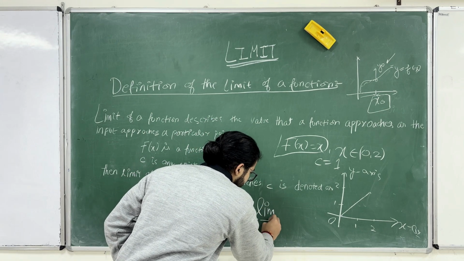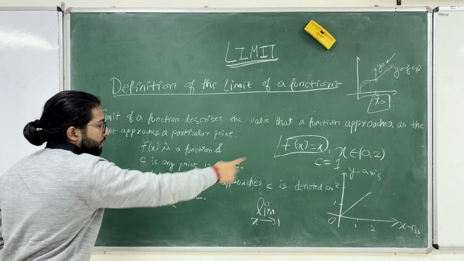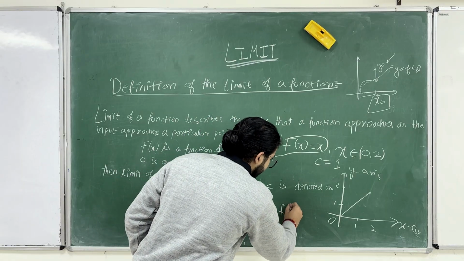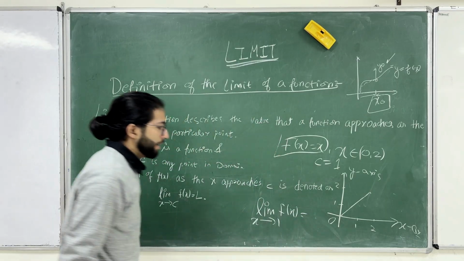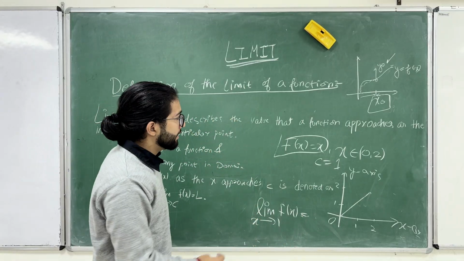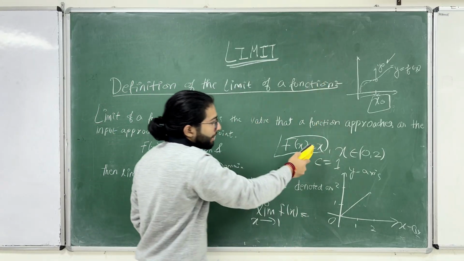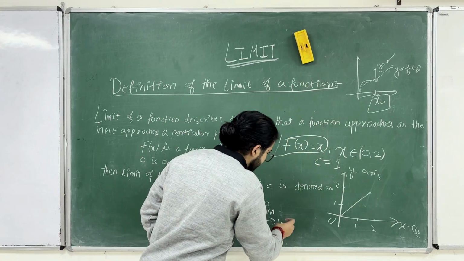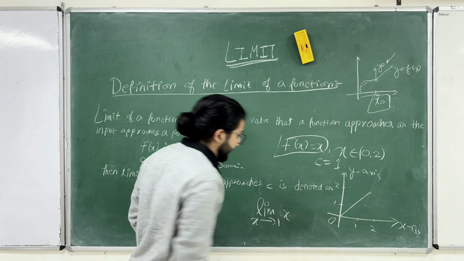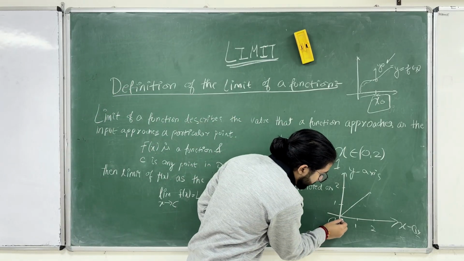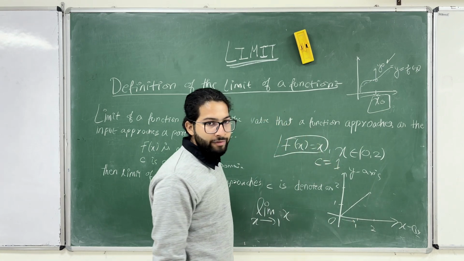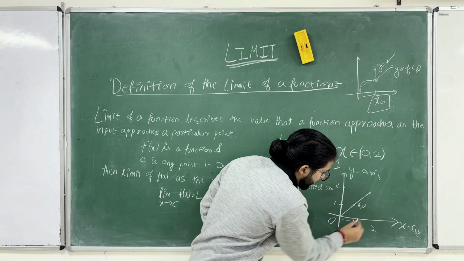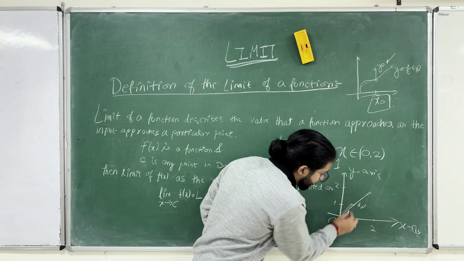Limit x tends to 1 of f(x), we have to find f(x). Now, what's the f(x) in that question? We are given f(x) is equal to x, so we should write limit x tends to 1 of x. Now if we are going towards 1, where our function is going at that point, it is (1, 1), so our function is going towards 1.